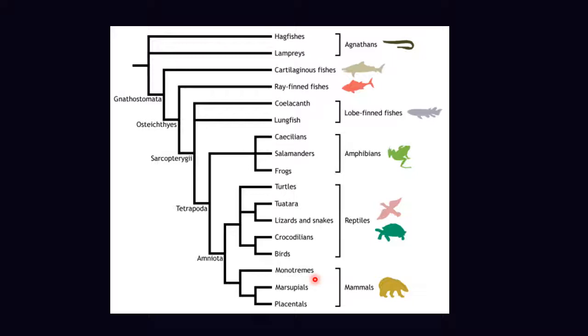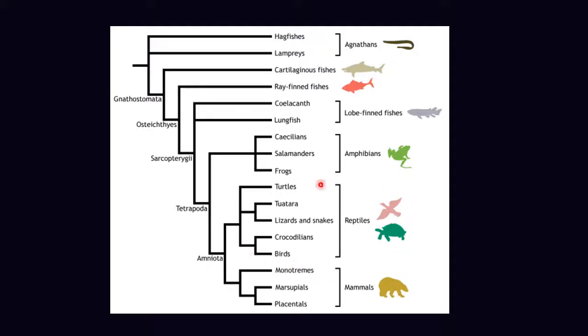Monotremes are the most primitive living mammal, and they are quite different. But there were a whole host of other forms that, if you saw them just walking down the street, you would think they were a reptile, that trace back this common ancestry of reptiles and mammals.